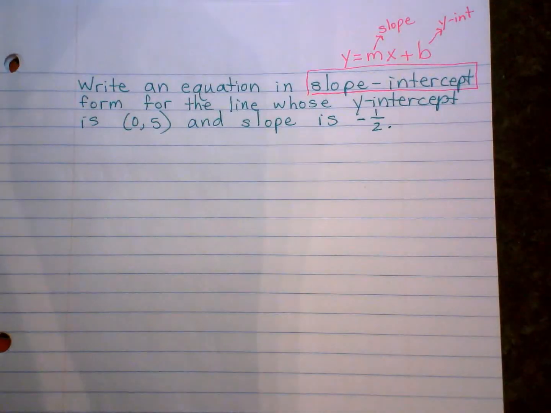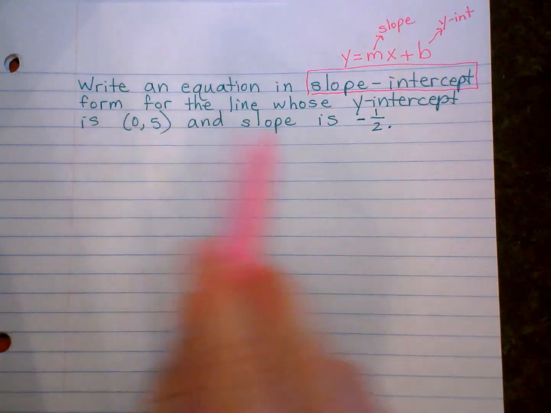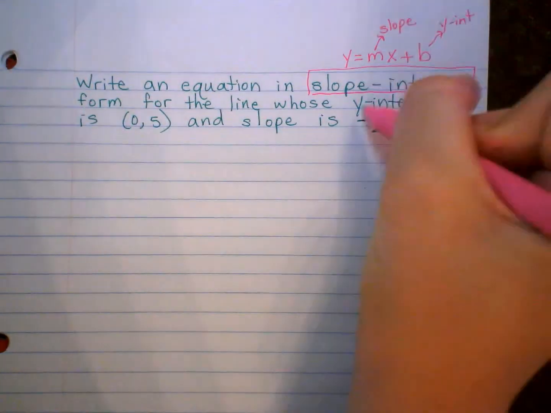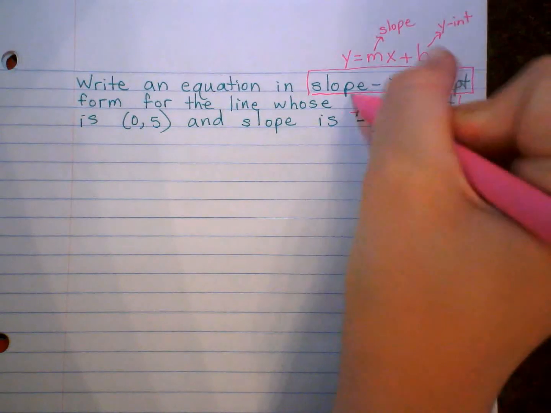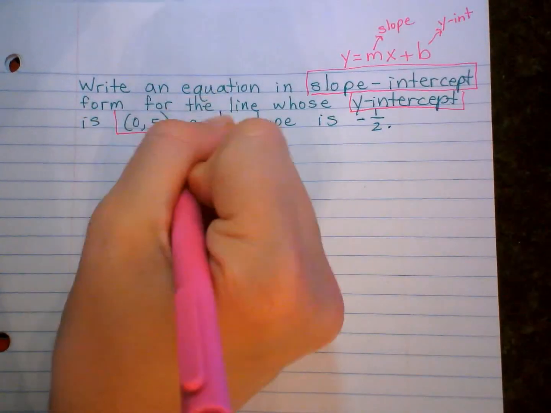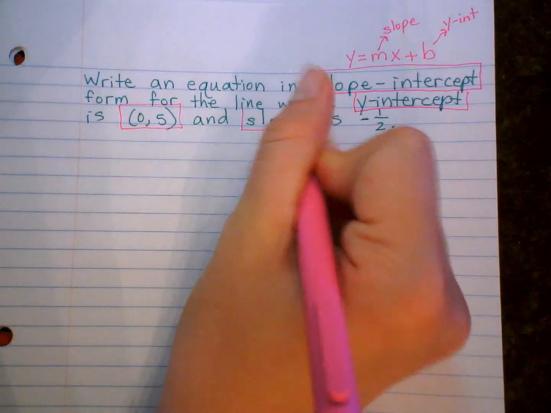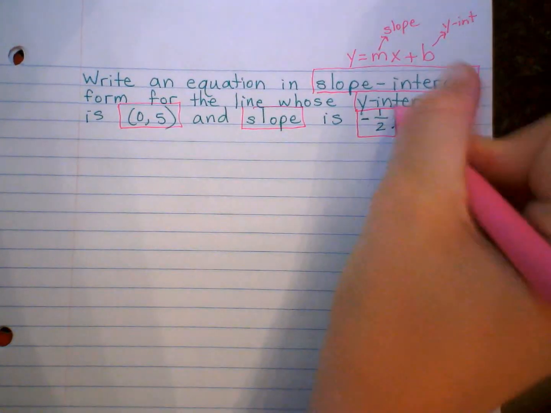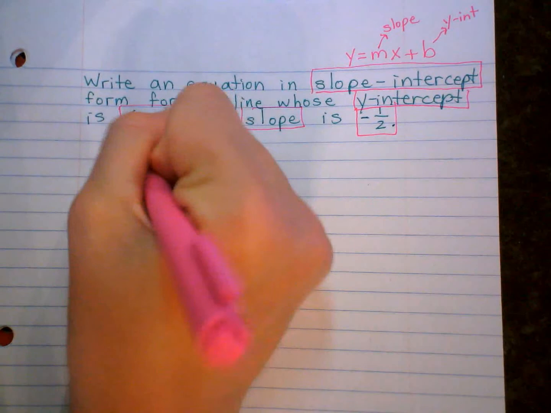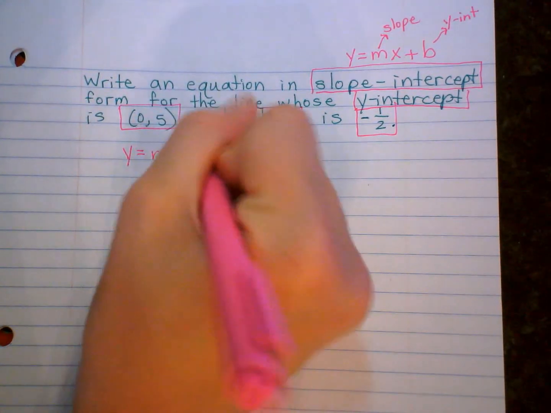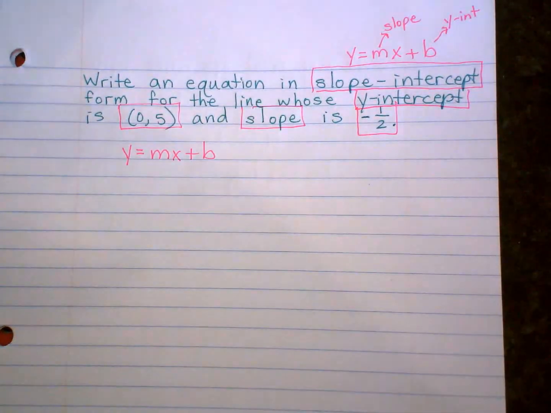Okay, so write an equation for the line. The y-intercept is 0, 5. The slope is negative 1/2. So y equals mx plus b. Okay, so try to fill it in. Where's the slope going to go? Where is our y-intercept going to go?